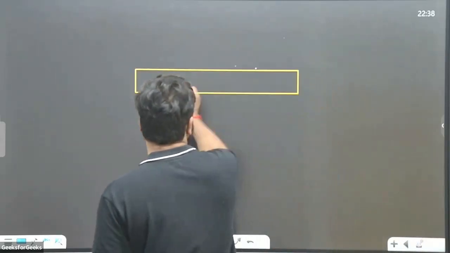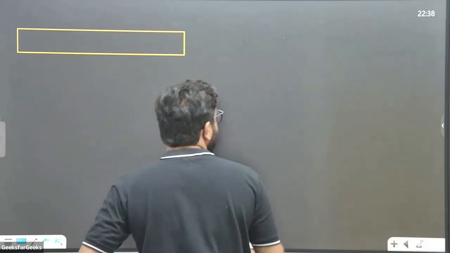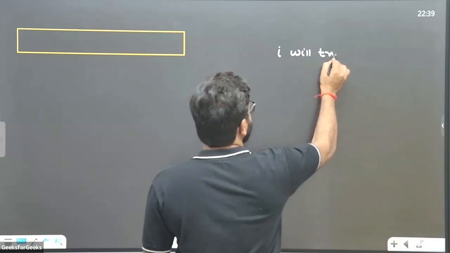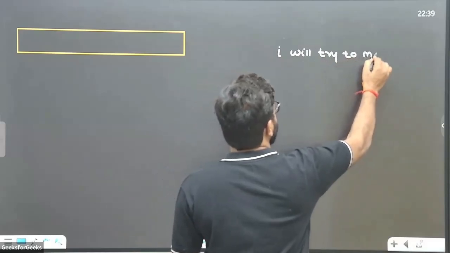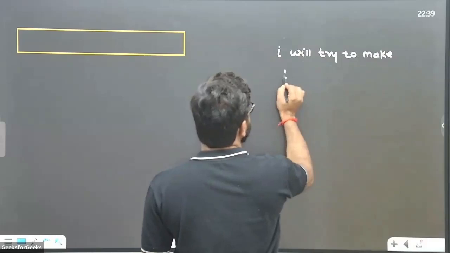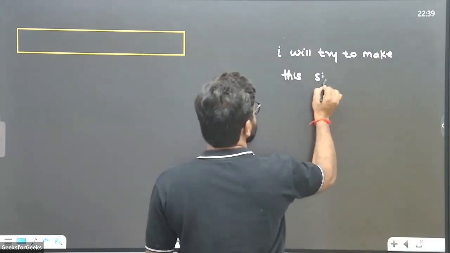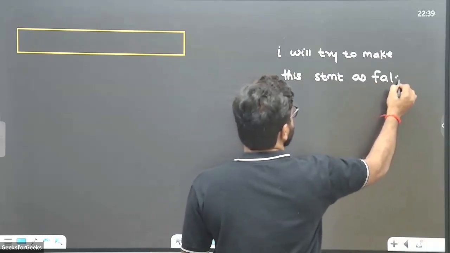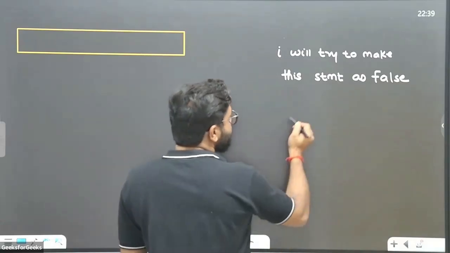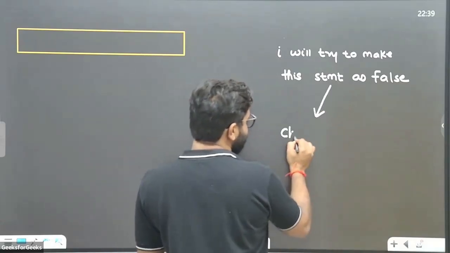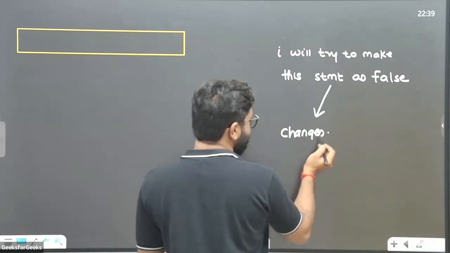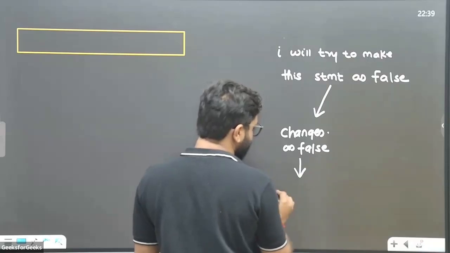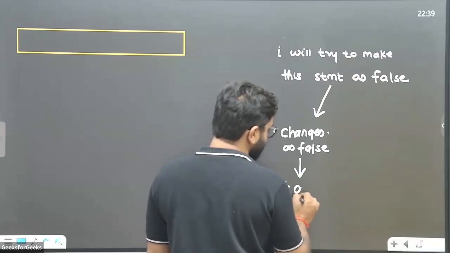So my whole point is, try to understand this. I will try to make this statement false. Suppose it changes to false, then I can say that it's not a tautology.